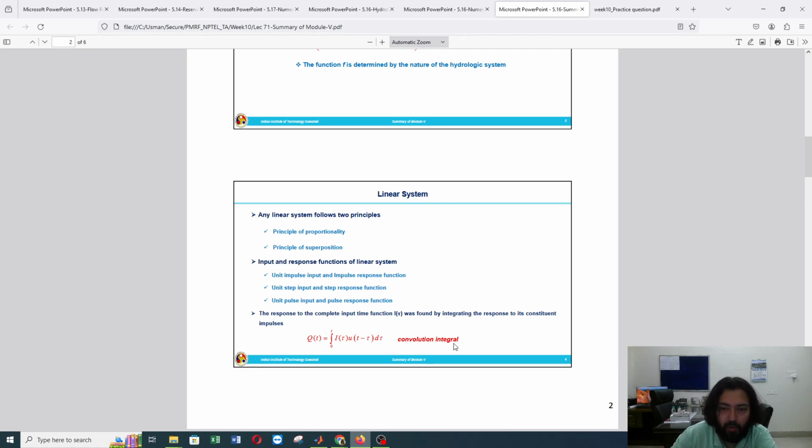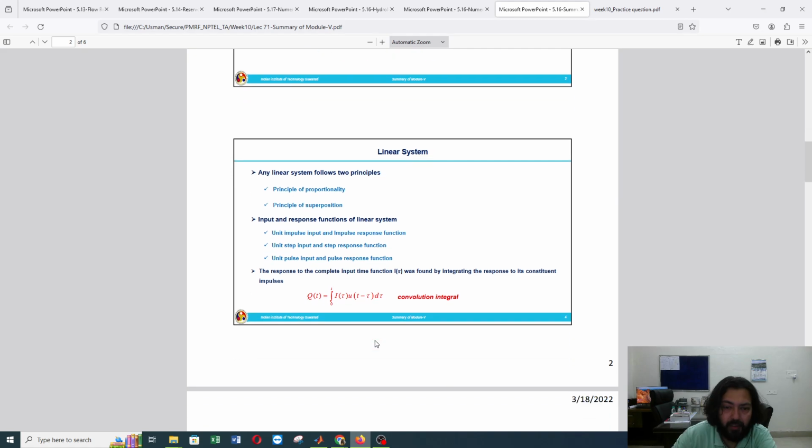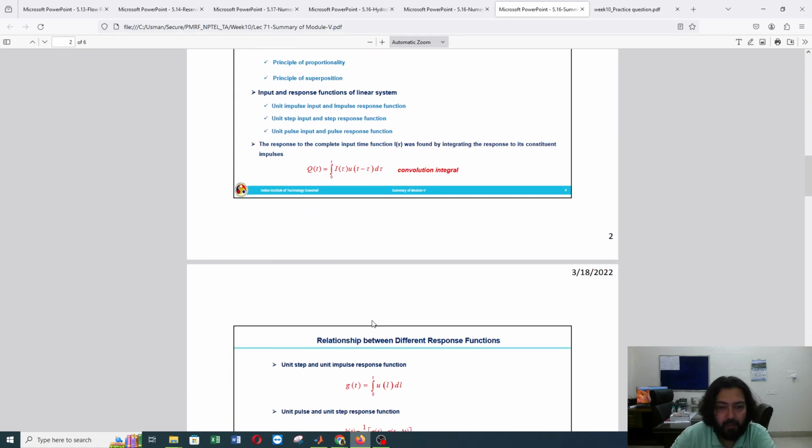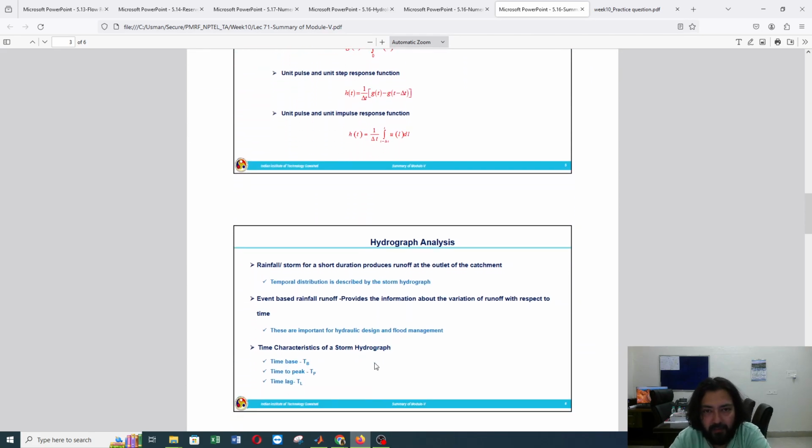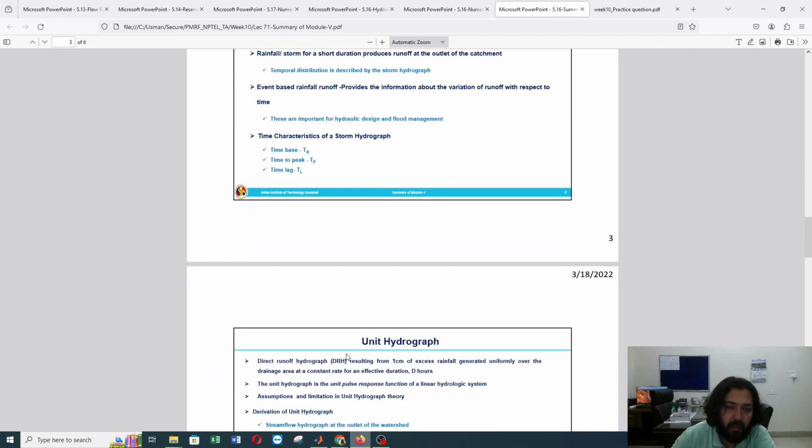Then we talked about the convolution integral theorem, and using this theorem we derived the equations for the pulse, impulse and step response functions, right? Then we talked about hydrograph analysis, where we studied the characteristics of the storm hydrograph, that is time base, time to peak and time lag.